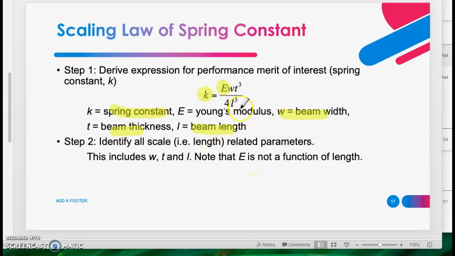All these parameters are related to the length scaling, so we denote them with W, T, and L. Please take note that this Young modulus is not related to the scaling, because Young modulus is equal to stress divided by strain. So what is directly related to the scaling parameters is only W, T, and L.